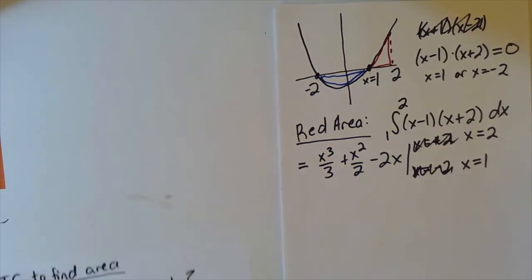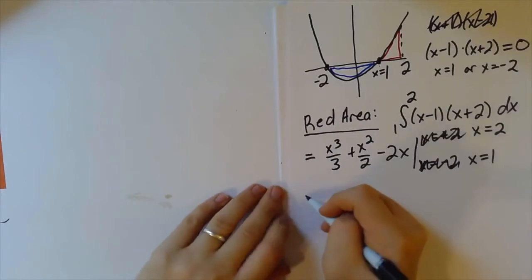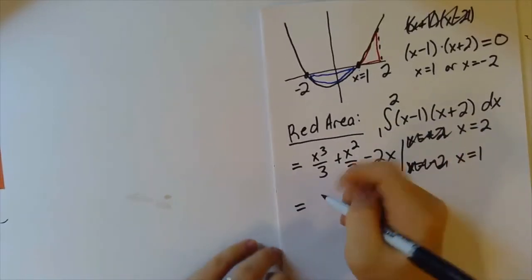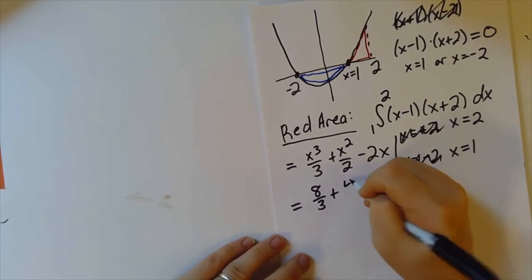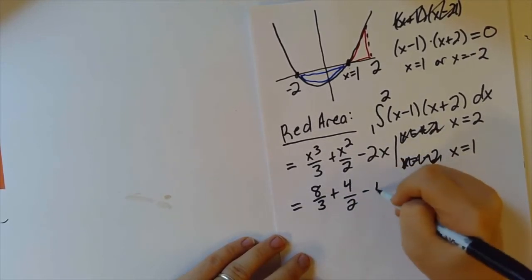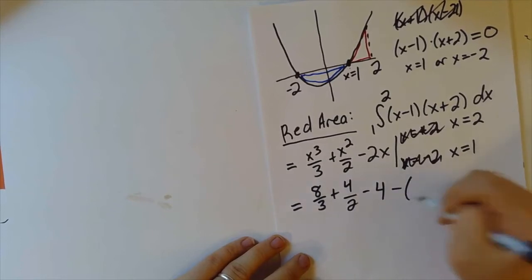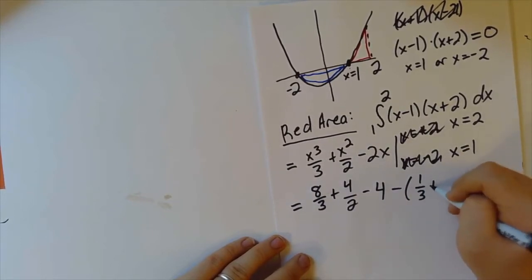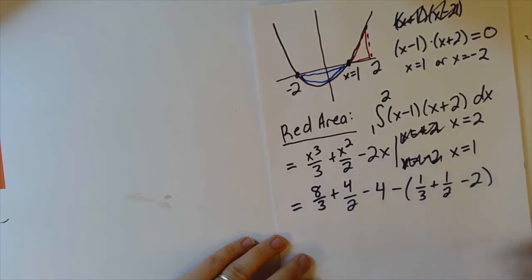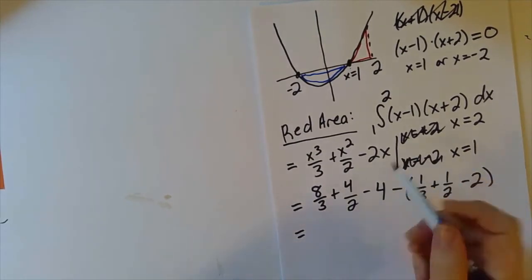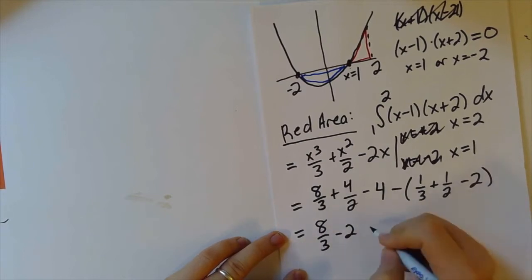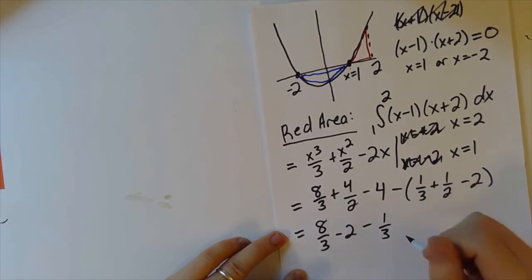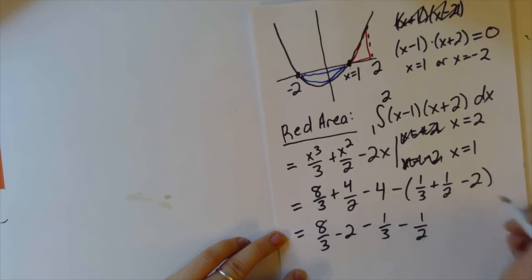Okay. So what is that? Well, this is 8/3 plus 4/2 minus 4 minus (1/3 plus 1/2 minus 2). Okay, so we'll do a little bit of fractiony maths. This is 8/3 minus 2 minus 1/3 minus 1/2 plus 2.